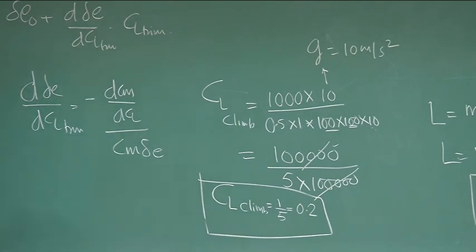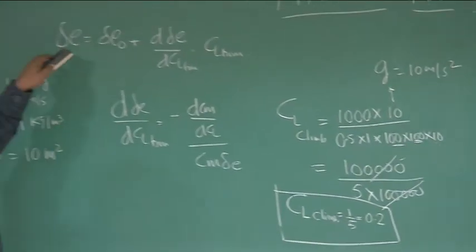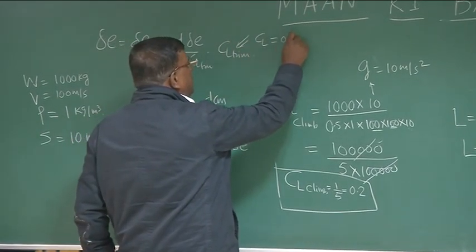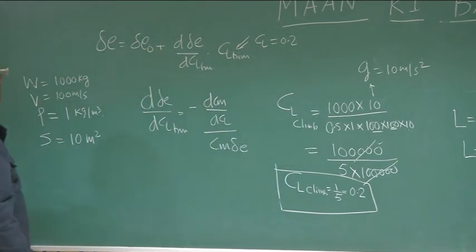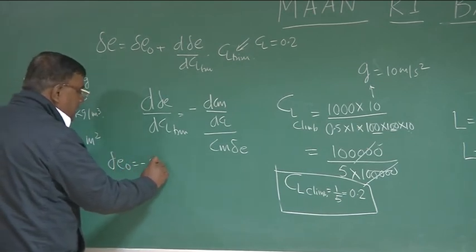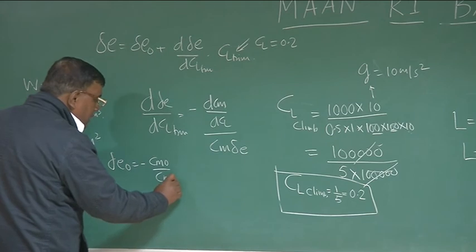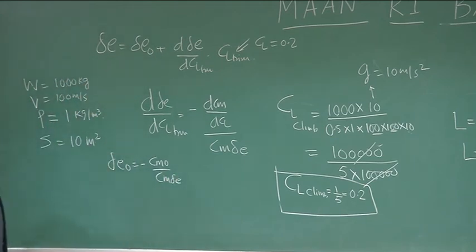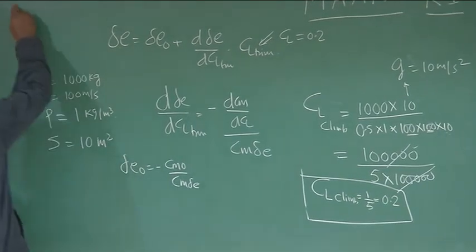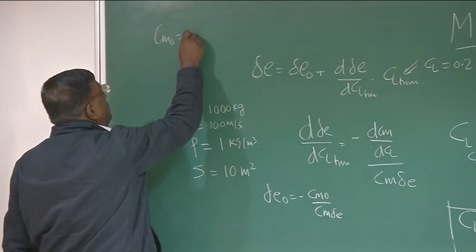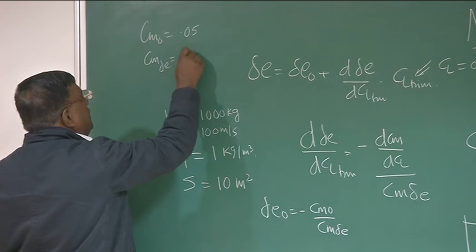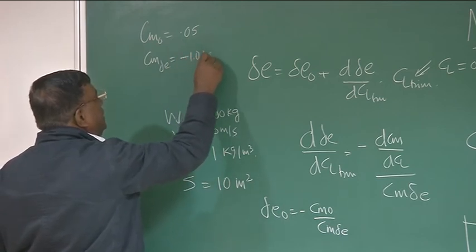So what is the next question? What is the delta E required to trim the airplane at CL equal to 0.2? How do I find out? Now I know delta E naught is minus Cm naught by Cm delta E. For this aircraft, there should be a fixed value of Cm naught and Cm delta E. So let's assume Cm naught equal to 0.05 and Cm delta E equal to minus 1.0 per radian.